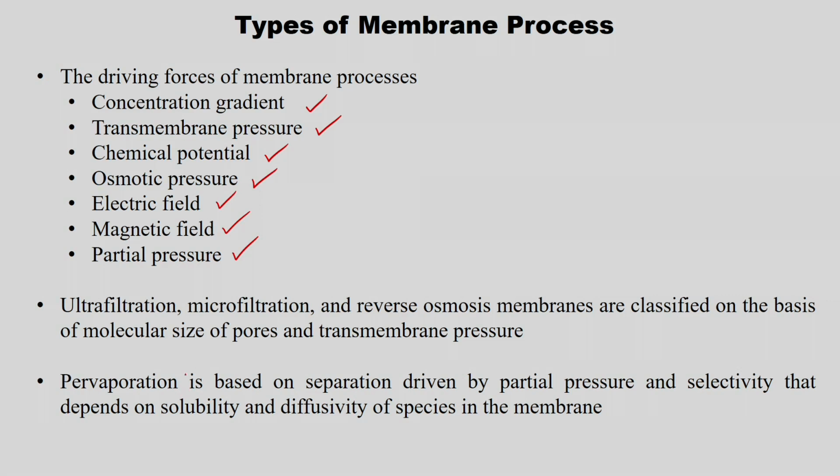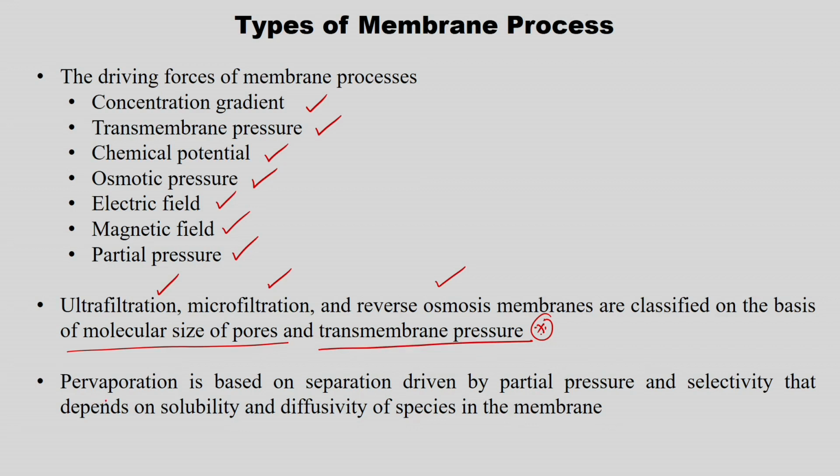So, the major categories are ultrafiltration, microfiltration and reverse osmosis. These are all classified on the basis of the molecular size of the pores as well as the transmembrane pressure. So, here the critical parameter based on which the classification is done is the molecular size of the pores as well as the transmembrane pressure.